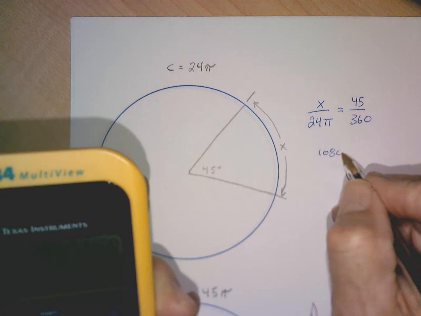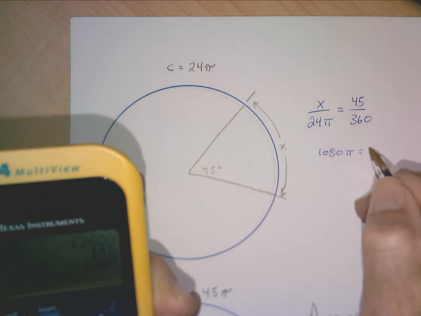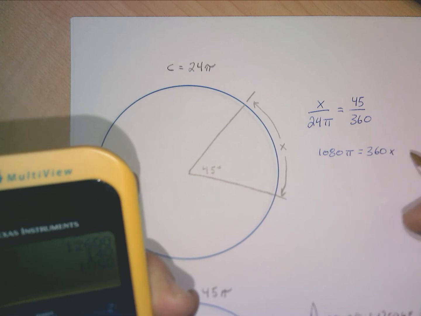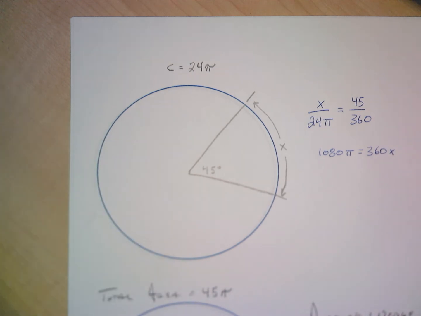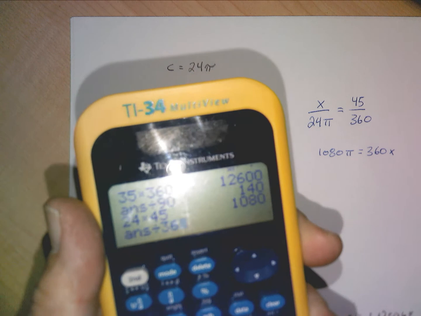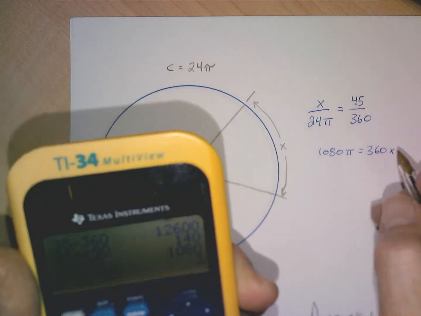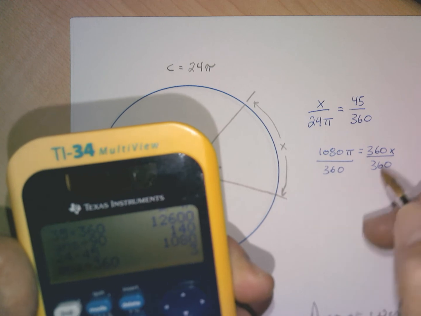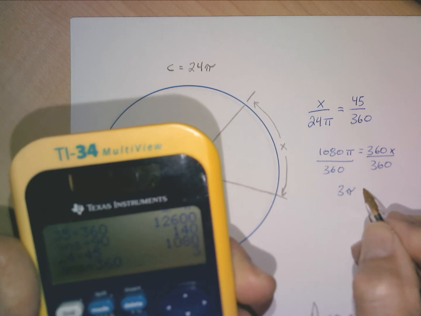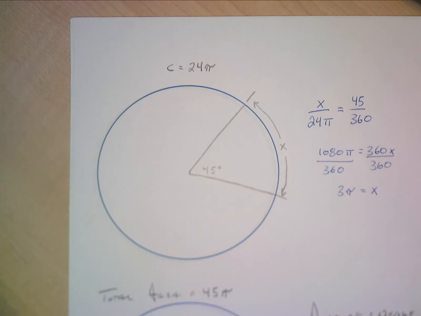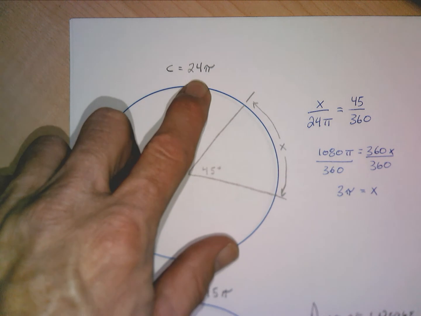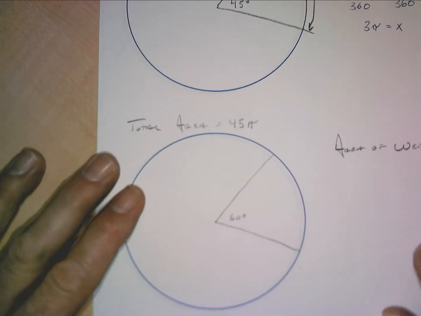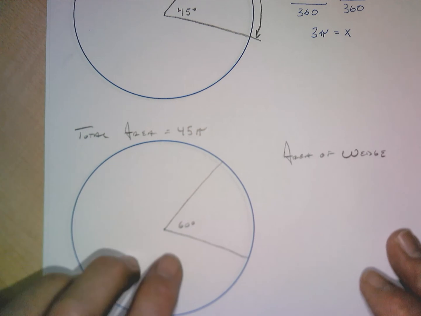So 1080 pi equals 360x. I'll divide 1080 by 360, and the 360 just goes into the 1080, and my answer turns out to be 3 pi. 3 pi is the length of the arc. So I carry the pi through the problem with me. Don't multiply 24 by 3.14 and introduce ambiguity that you don't have to.